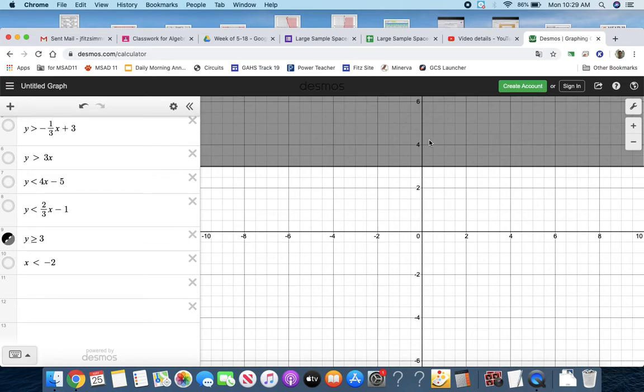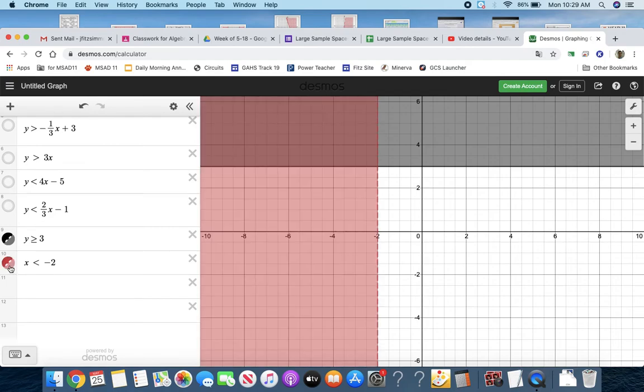But that's not the whole answer because I have a second condition. I have another line which says x has to be less than -2. So that's going to be a dashed line at -2 on the x-axis. So really the only part that works for both of them would be a coordinate point in this section. So you'd be shading this little section up here in the top.